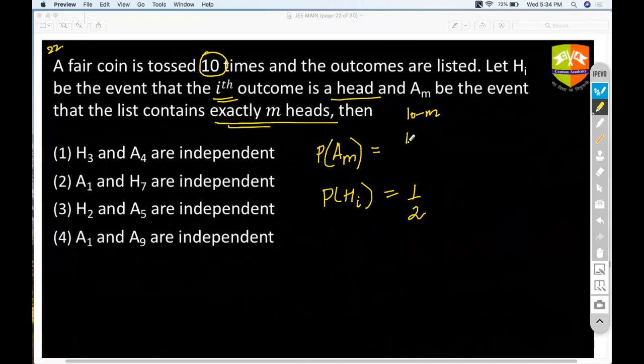So of course you will say 10 cm, half to the power of M and half to the power of 10 minus M. Correct? So in all the possibilities, this is going to be 10 cm, half to the power of 10. So I've done almost 60% of your solution here.